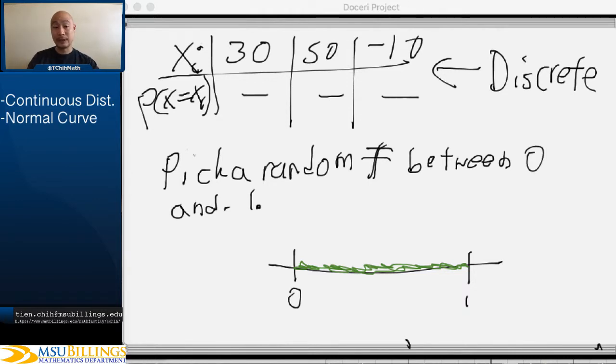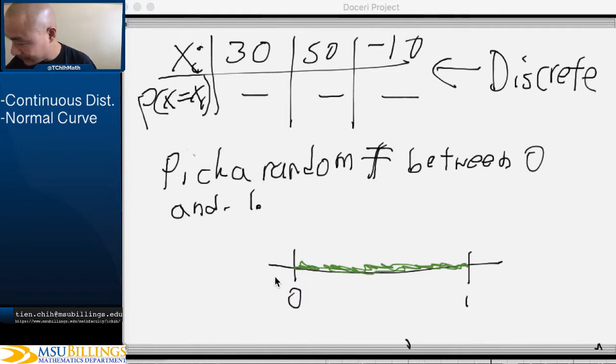One way we compute discrete probabilities is, take all of the equally likely outcomes and then figure out which ones correspond to the event, say that xi is 30. And so fundamentally, it's difficult to think of continuous probabilities that way.